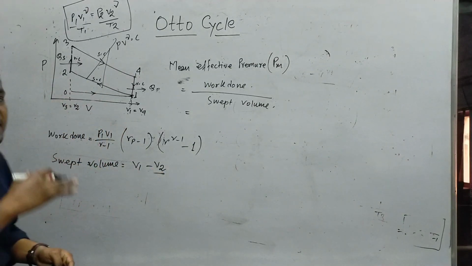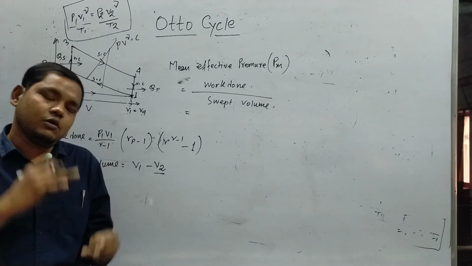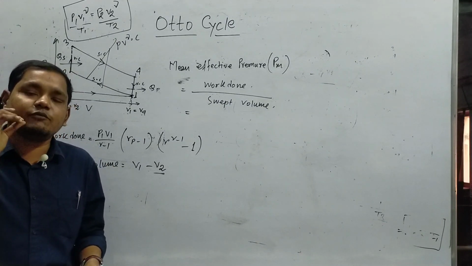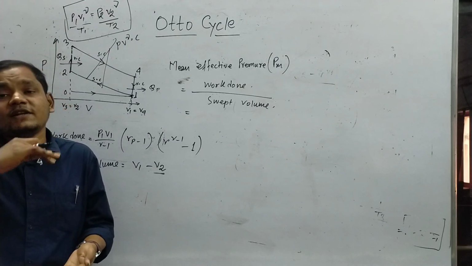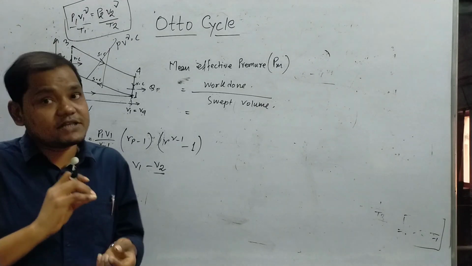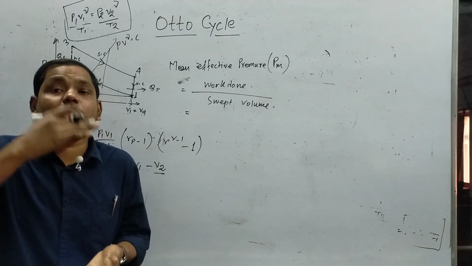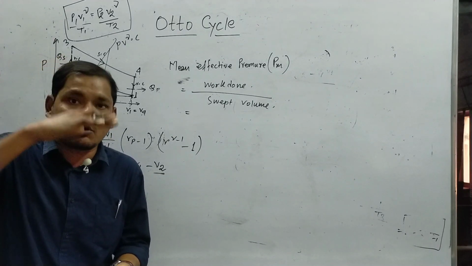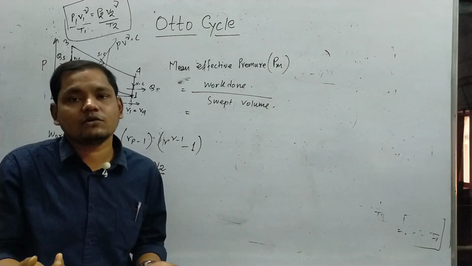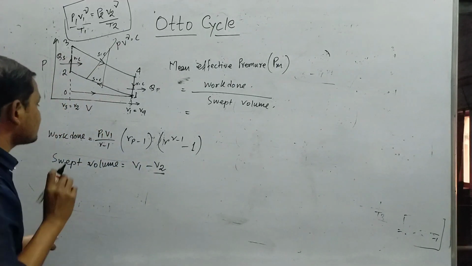The displacement volume is the volume in between top dead center and bottom dead center, the volume the piston covers while going from bottom dead center to top dead center or back. That is called the swept volume.